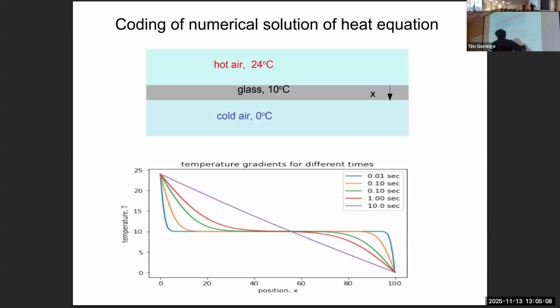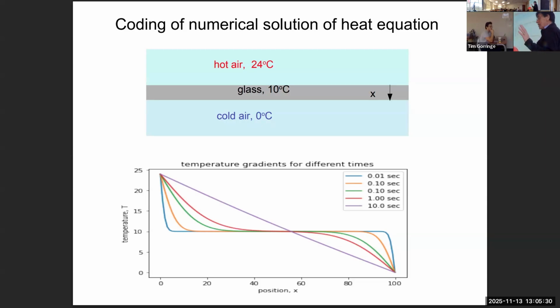So we start here, and then again, heat from the warm room will start to flow in. You see that happening here, even after a fraction of a second. And heat from the outside part of the window is starting to flow out, even after a fraction of a second.